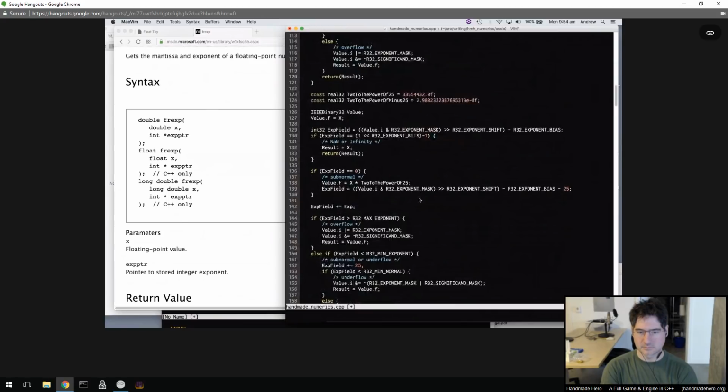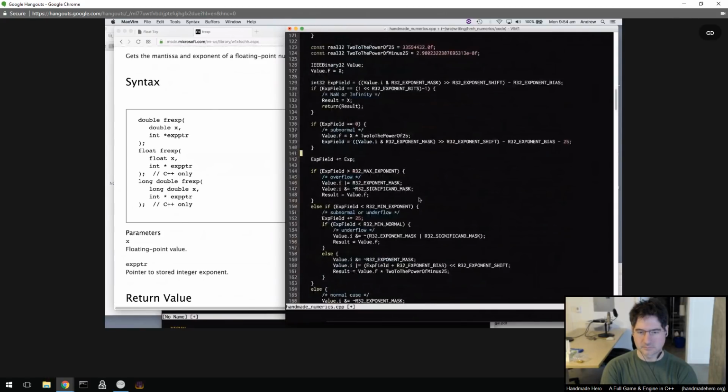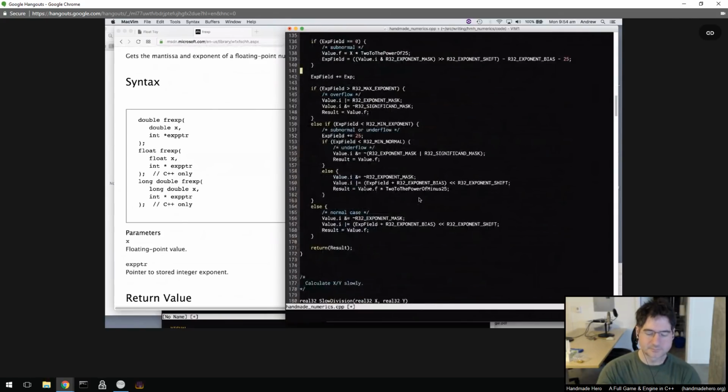But there's also the possibility that when we scale by the exponent, we get a subnormal number. And for that, we just check it against the max exponent and the min exponent. If it's greater than the max exponent, we return infinity. If it's less than the min exponent, then this is a subnormal or underflow case, in which case we manipulate this by 25.